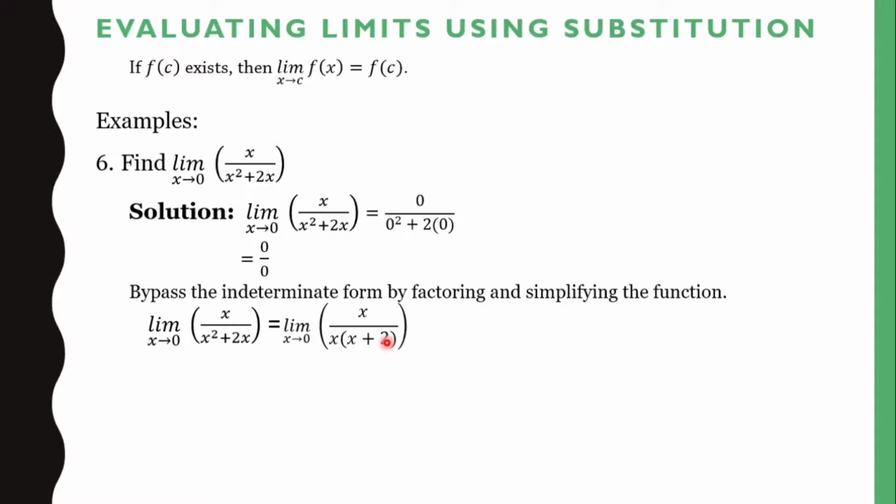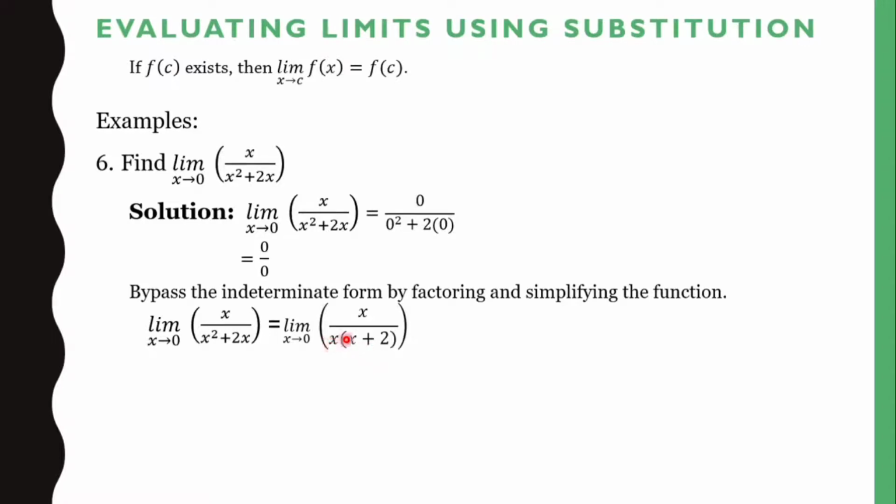To check if you got the correct factor, we can multiply. x times x is x squared. x times 2 is 2x. Therefore, x squared plus 2x could be factored out as x times x plus 2.